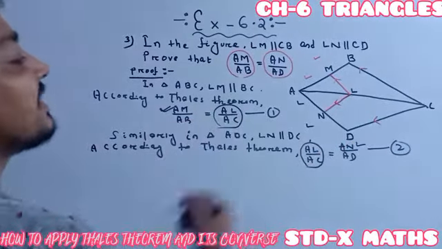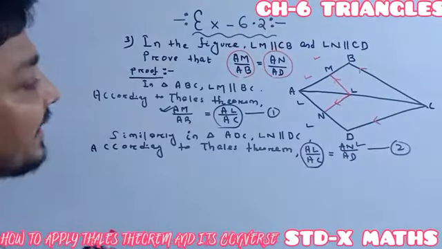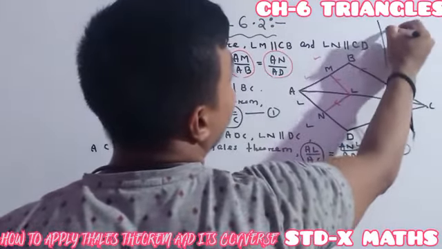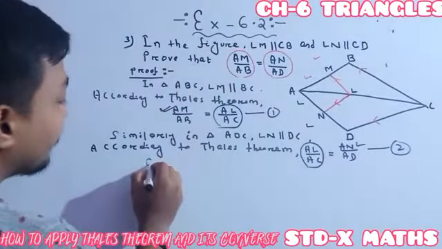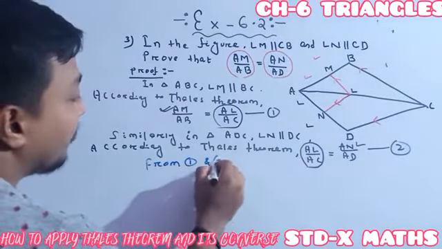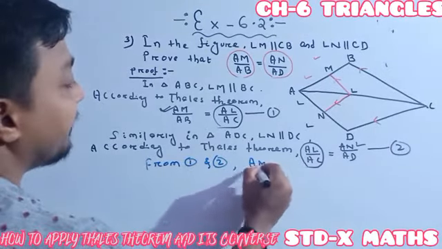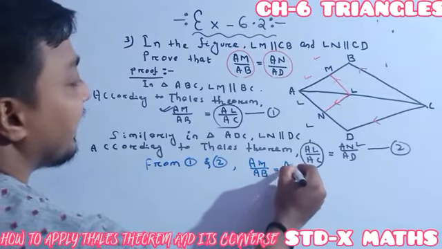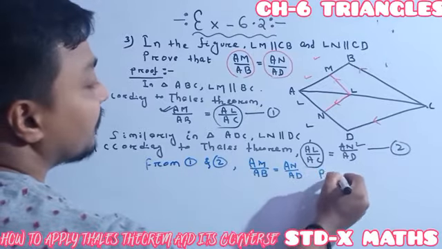So directly from equations 1 and 2, AM divided by AB is equal to AN divided by AD. Proved.